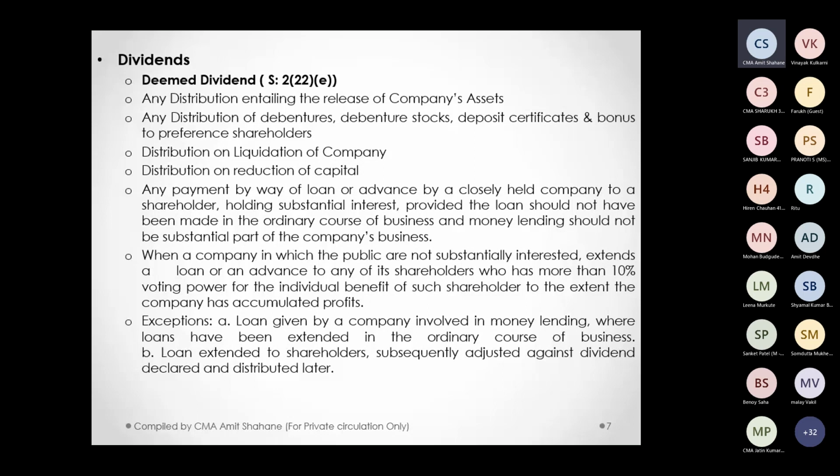So coming back to deemed dividend, the deemed dividend under section 2, subsection 22, clause E. Again, let's talk about some background. Just a few minutes back, I explained that earlier, the dividend which was paid by the companies was required to bear dividend distribution tax.